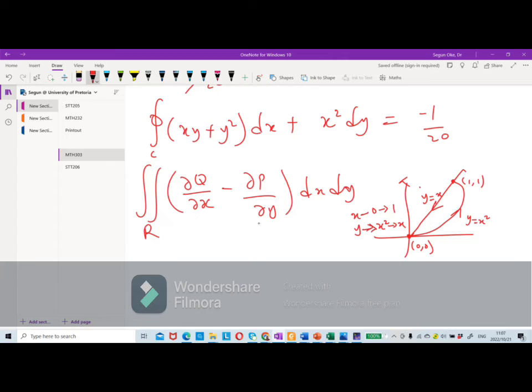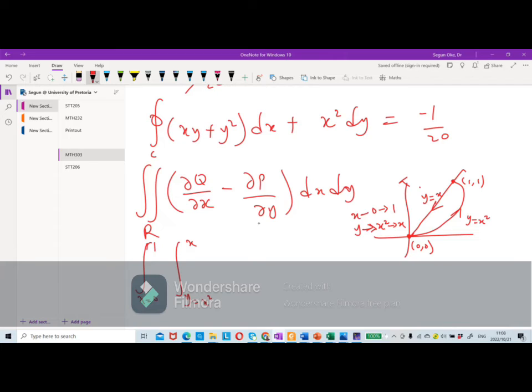One of the things you need to be careful with is this side. So it's going to be x equals 0 to 1, y equals x squared to x.